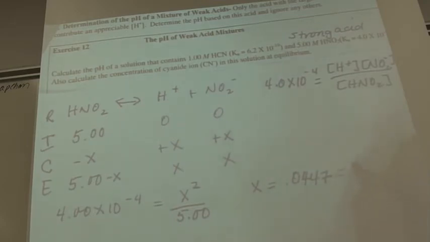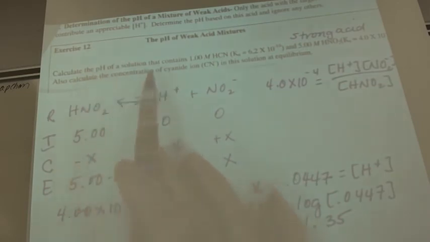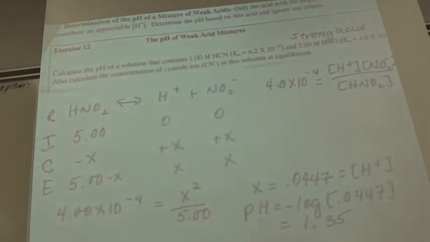That is equal to the hydrogen ion concentration. The pH is equal to the negative log of that, which is equal to 1.35. So we have taken care of this part of the problem.